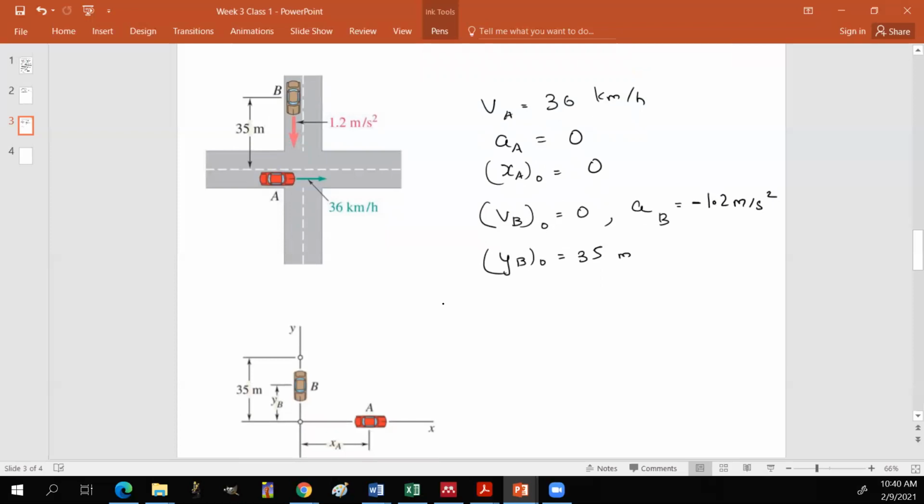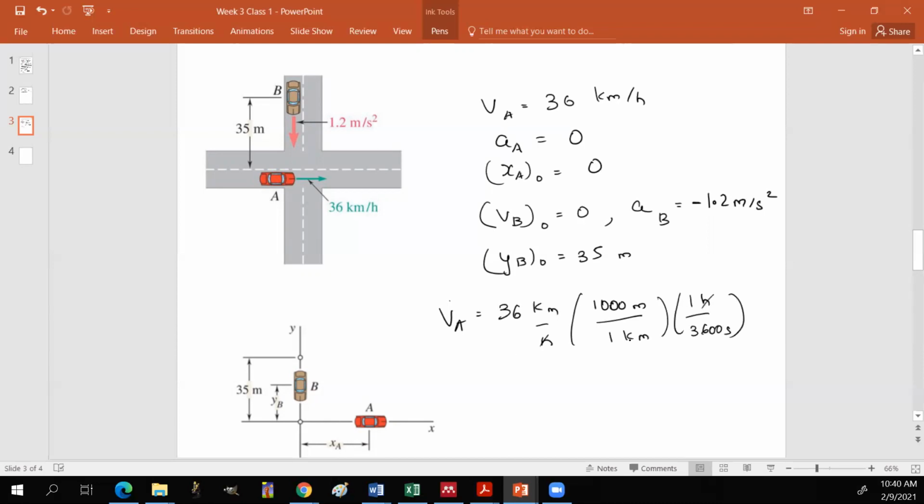So the velocity of A, doing the conversion, you have 36 kilometers per hour, then 1 kilometer is equal to 1,000 meters, and then 1 hour is equal to 3,600 seconds, right?